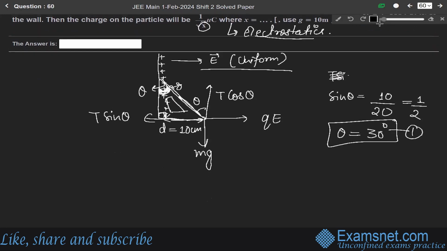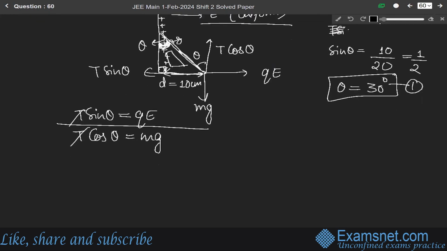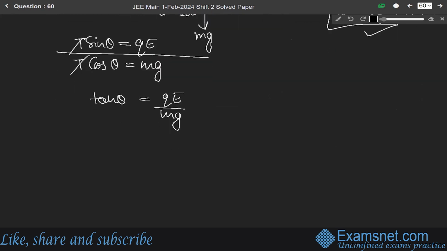Now using these, for the equilibrium condition, T sin theta will be equal to QE and T cos theta will be equal to mg. Dividing, T cancels, where T is the tension. So tan theta will be equal to QE over mg, and theta is 30 degrees.